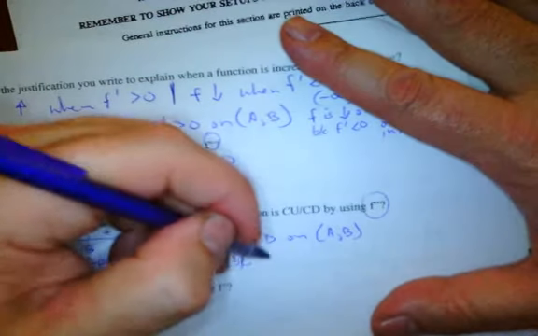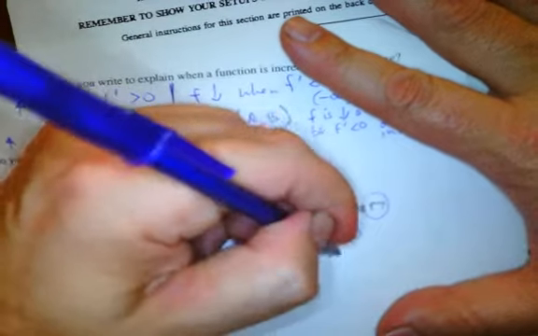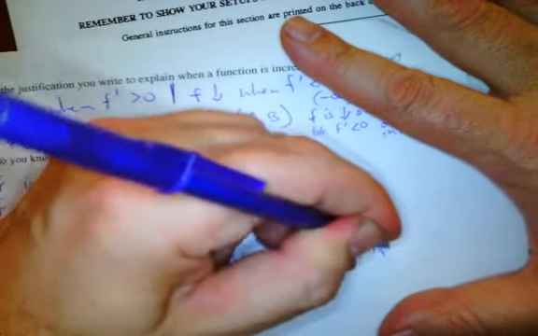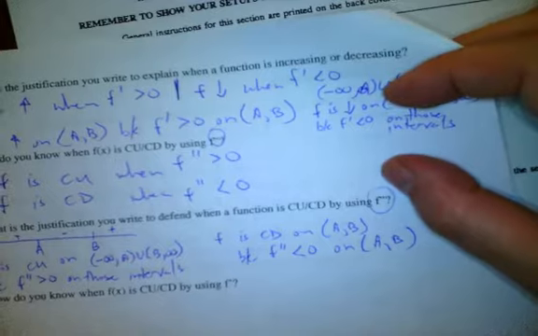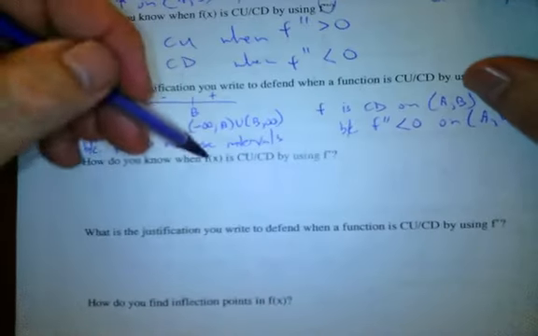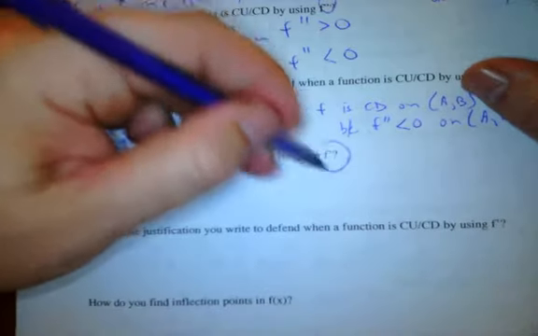And I would say f is concave down on a to b because f double prime is less than 0 on a to b. Okay, what's next?